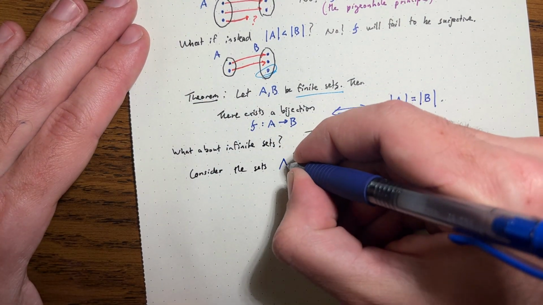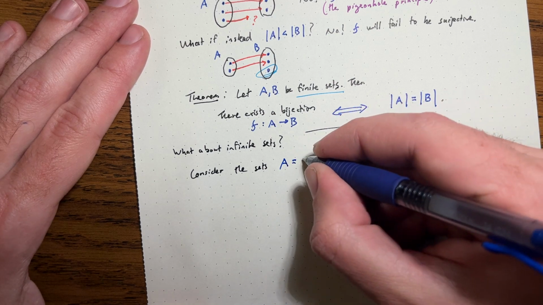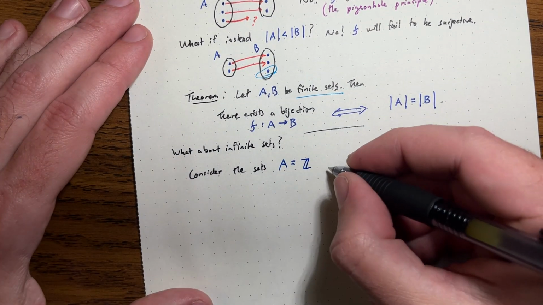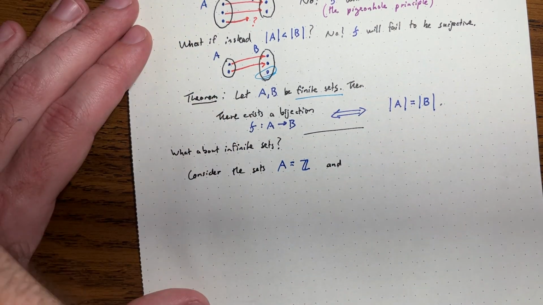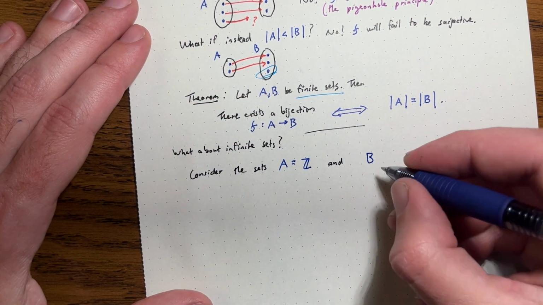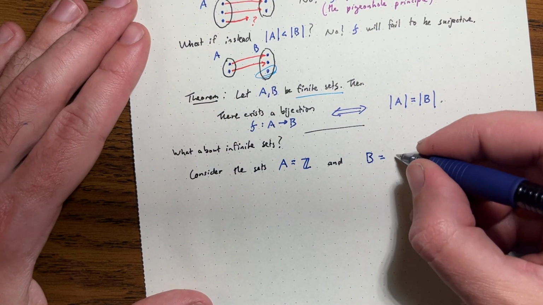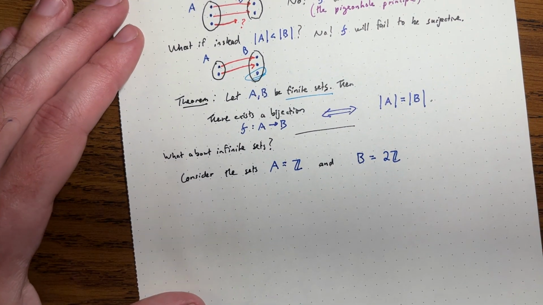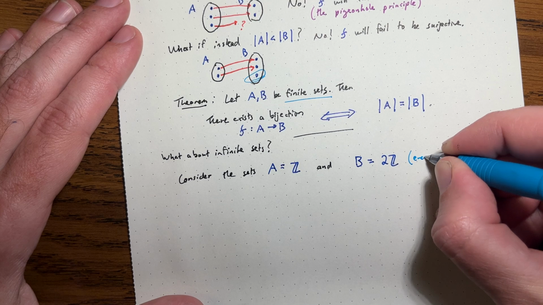Let's take A to be, I don't know, the integers. That's a good infinite set. And B to be the even integers. Sometimes that's denoted 2Z. But what I mean by 2Z, I mean the even integers.